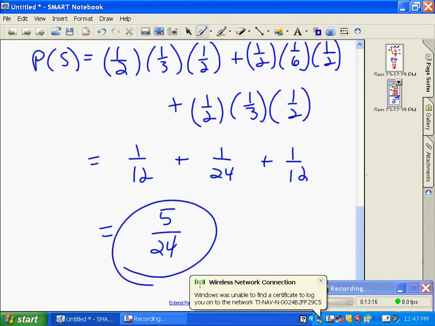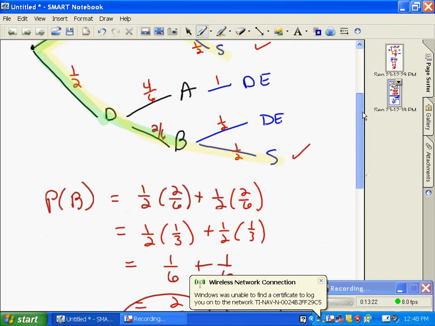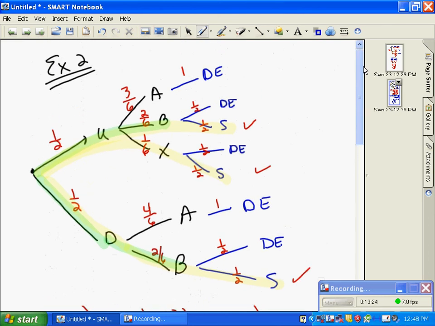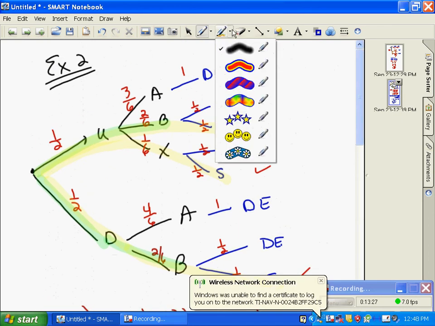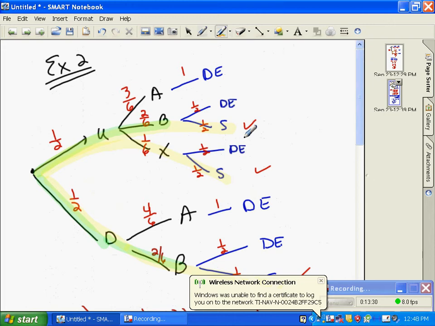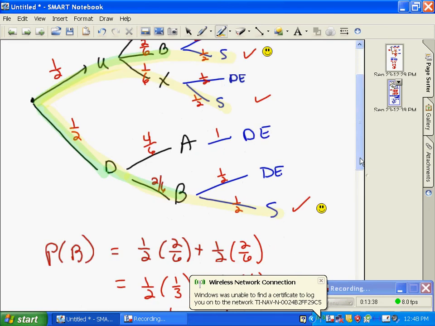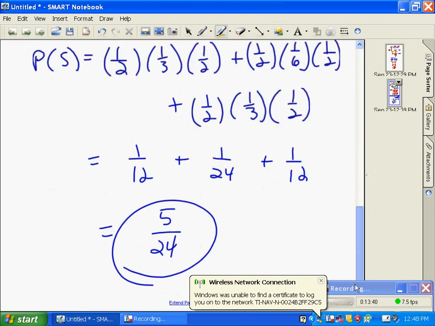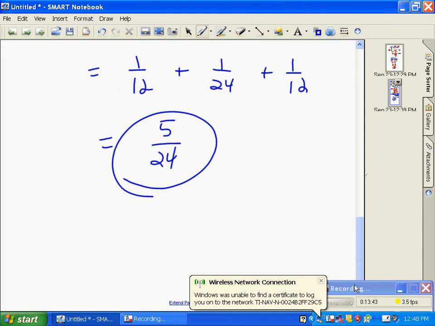Now the next one is that we see movie B and eat at the sushi bar. So if I go back here, let's get out the fun ones. Let's put a smiley face at the end of the ones where you eat at the sushi bar and go to movie B. So that would be this one and this one. I'm just going to take those two branches, multiply all those branches together, and then add the end results. So this is finding the probability of B and S, movie B with eating at the sushi bar.